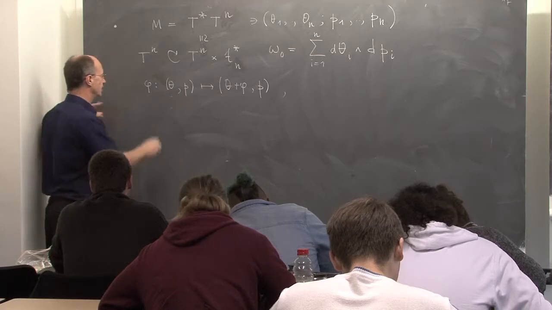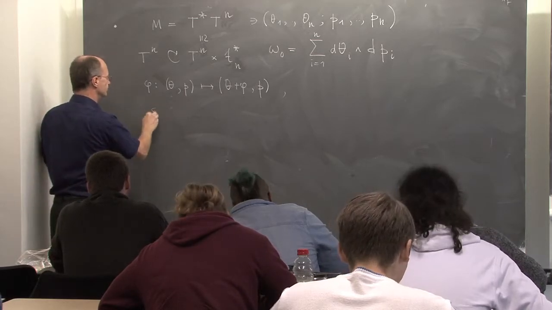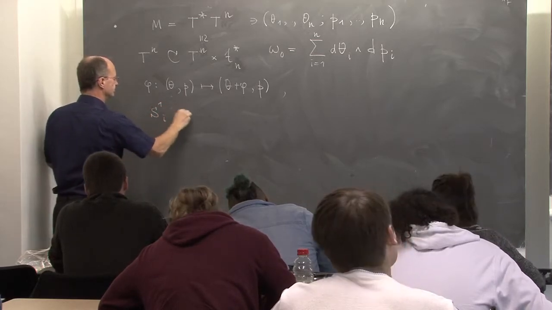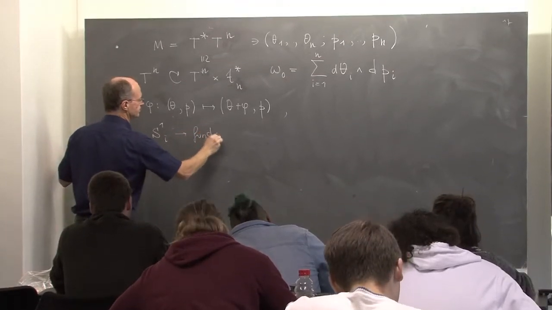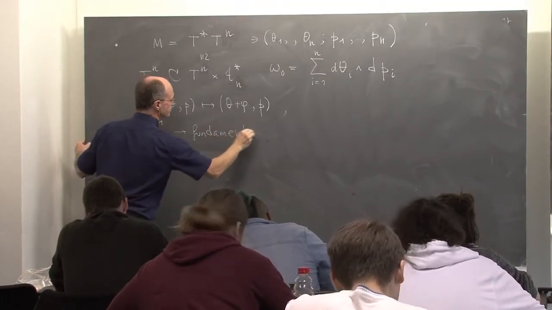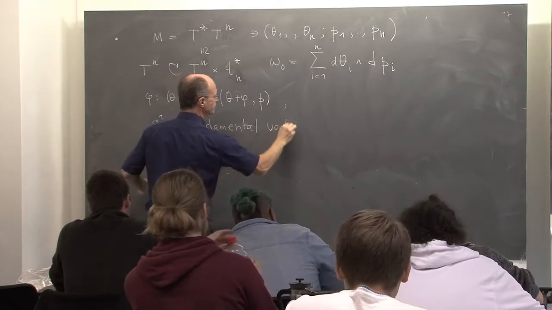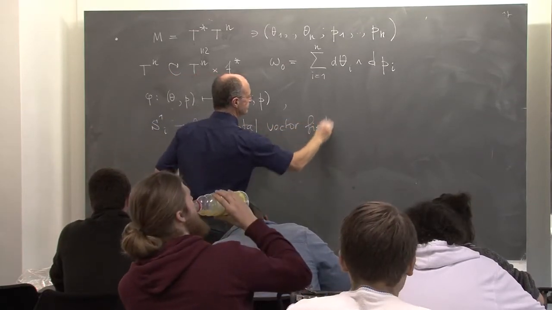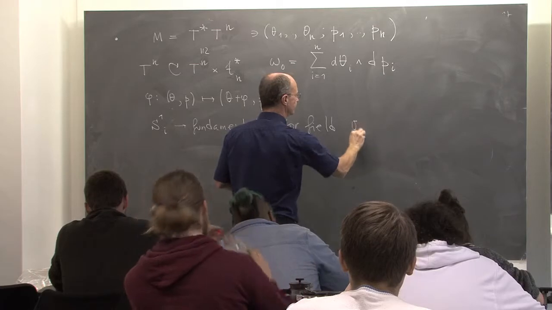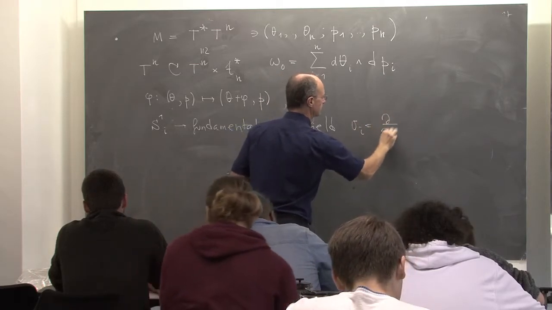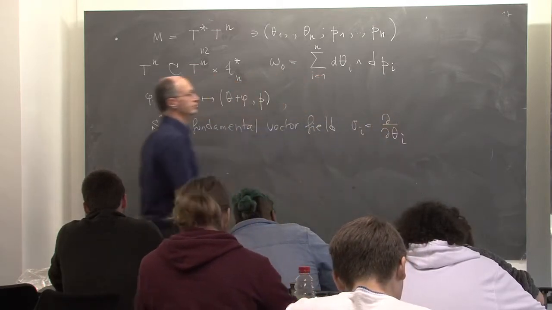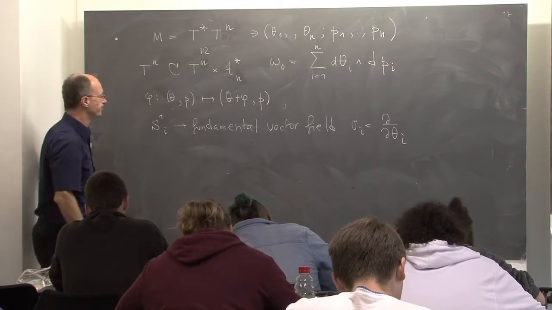So for the i-th circle, the fundamental vector field Vi is simply d over dθi.